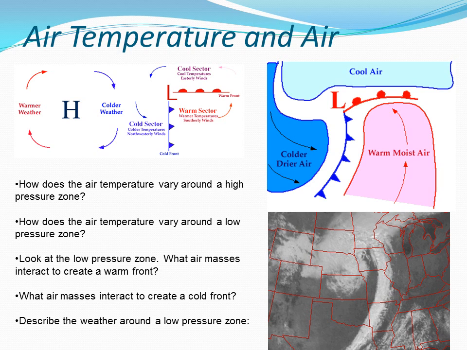So around a warm front, we're going to get a lot of sort of drizzly rain. Whereas around a cold front, because you have this contrast between very cold air and warm air, we can get more violent weather, things like tornadoes.